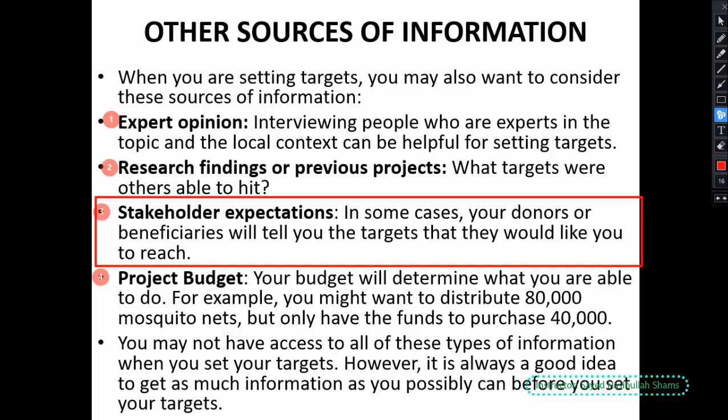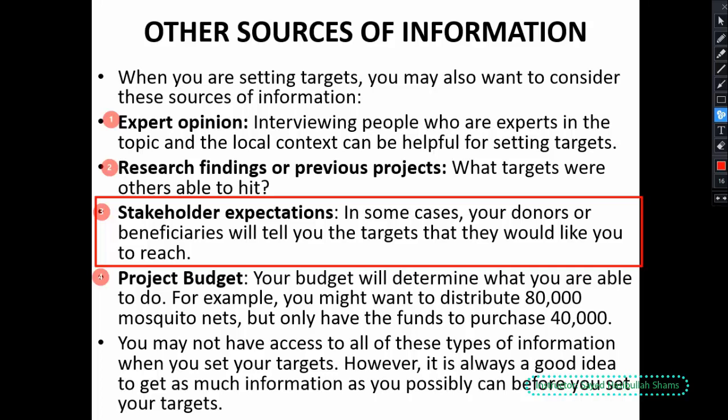So we will set our target at 40,000, not 80,000, because we don't have enough budget for 80,000. As we said, the target is a commitment that we give to different stakeholders, that we will achieve in a certain time. So it's very important to analyze our budget, whether you have the budget or not.